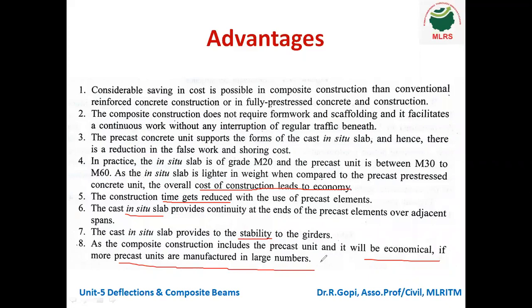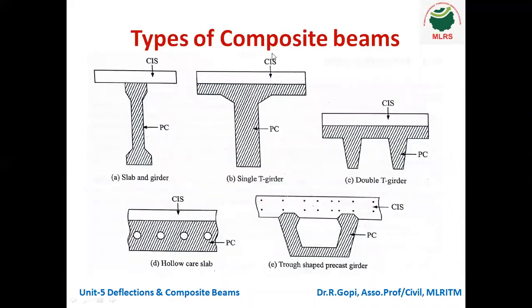If you produce larger numbers of members, automatically it is very, very economical. Okay. So here you can see different types of composite beams.